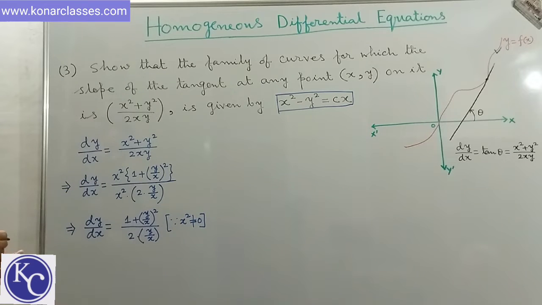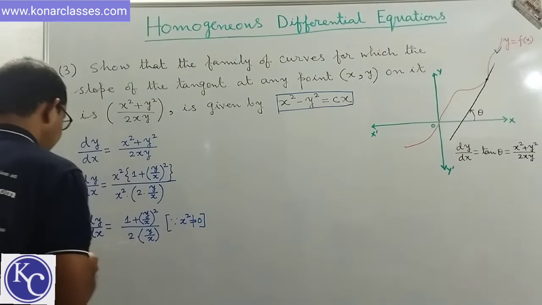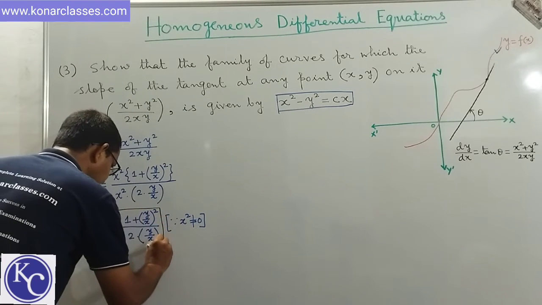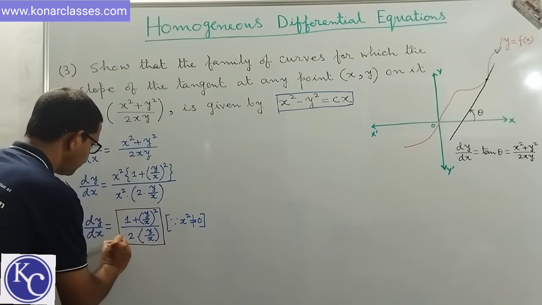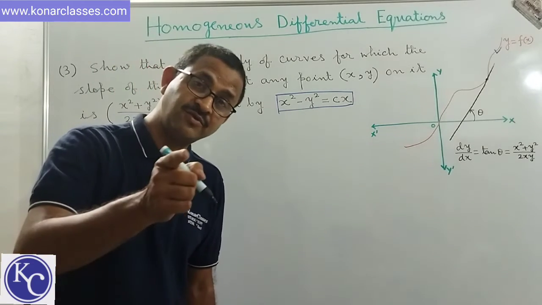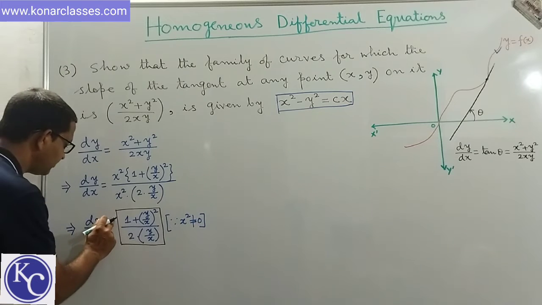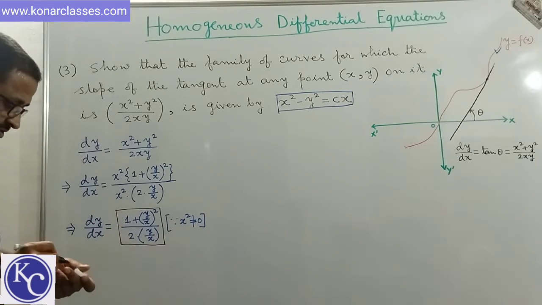Now as you see, dear students, the function on the right hand side, that is 1 plus y by x whole square by 2 into y by x, is a homogeneous function of degree 0 in x and y. Because this can be written as x to the power 0, which is 1, into this entire expression of function of y by x.